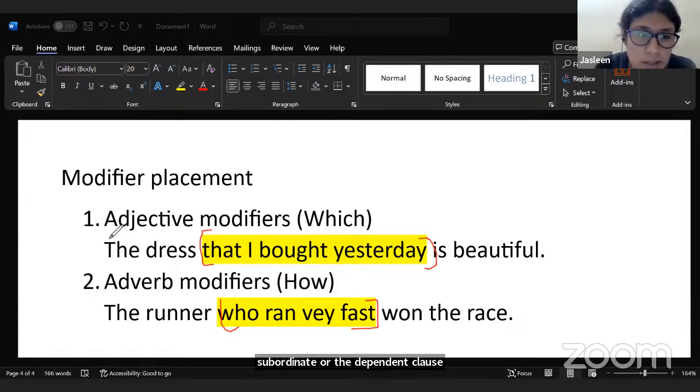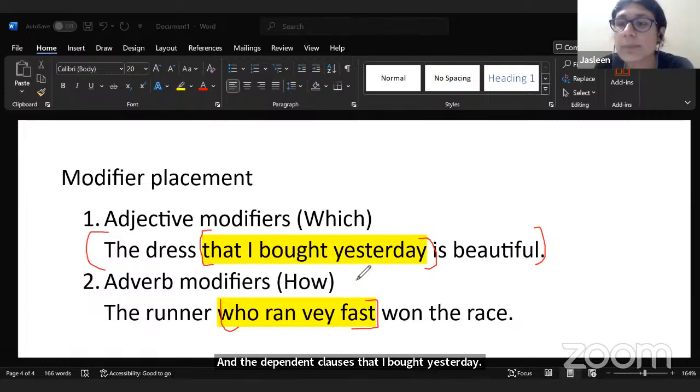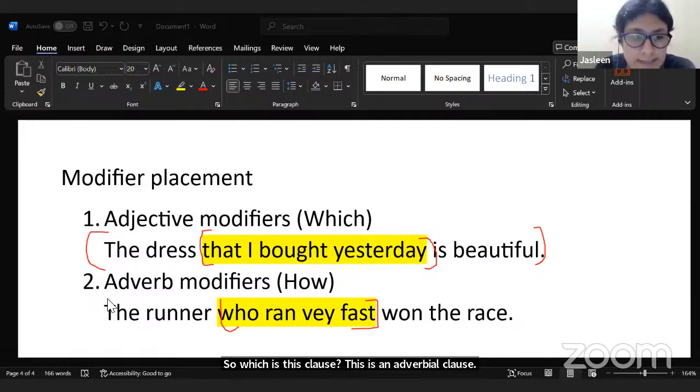So the independent clause is this: the dress is beautiful, right? And the dependent clause is that I bought yesterday. So which clause is this? Sorry, this is an adjective clause, that I bought yesterday.